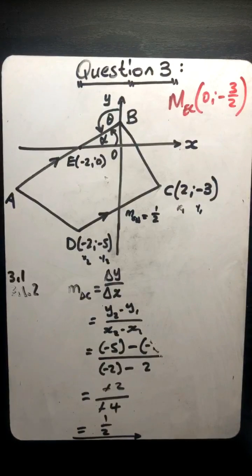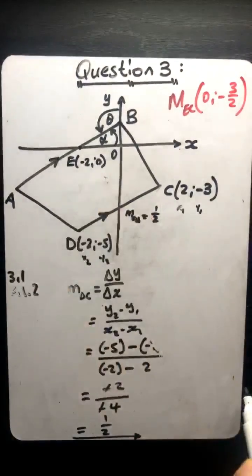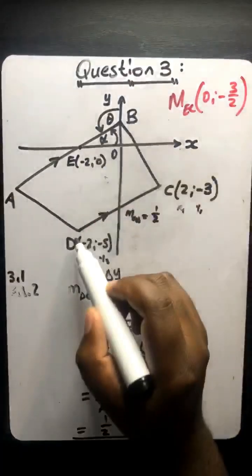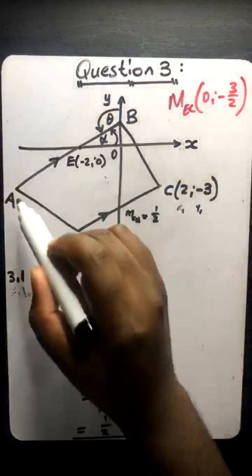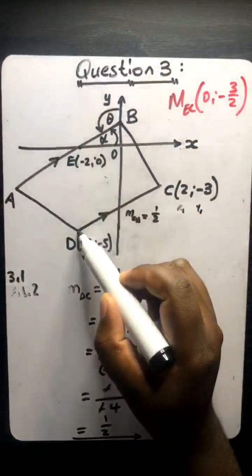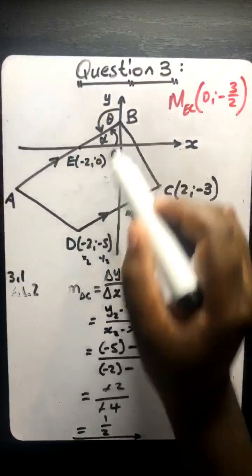Very, very much important, ladies and gentlemen. So I hope you guys got that point because of that and that. And also, we read in the statement where they say AB is parallel to DC, which means AE is parallel to DC. Also, EB is parallel to that.